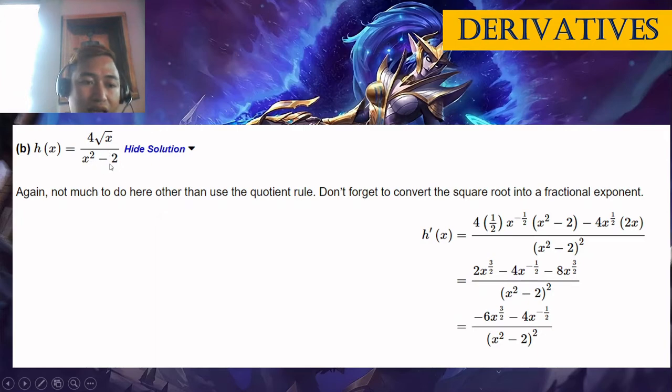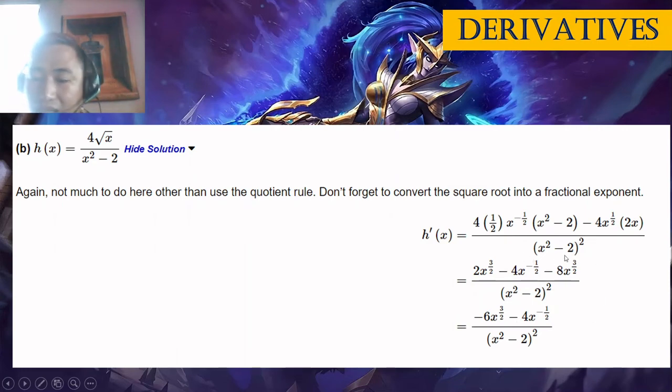Times ang denominator, so x squared minus 2, minus, copy the numerator, 4x to the 1 half, kay ang square root of x, is x to the 1 half, times derivatives sa denominator, ang derivatives denominator kay 2x na lang. Tama kay 0 ang derivative aning minus 2. So 2x na lang yung denominator. Next as we solve, then I over pa di ay sa x squared minus 2 is squared pa nata siya. X squared minus 2 squared.